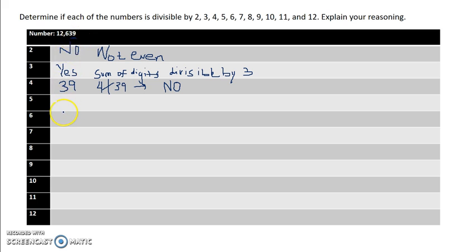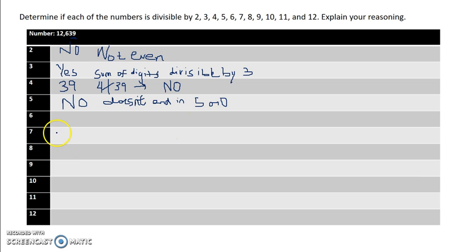So is this number divisible by 5? It's not, no, because it doesn't end in 5 or 0.